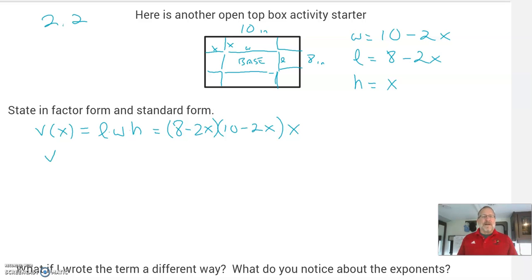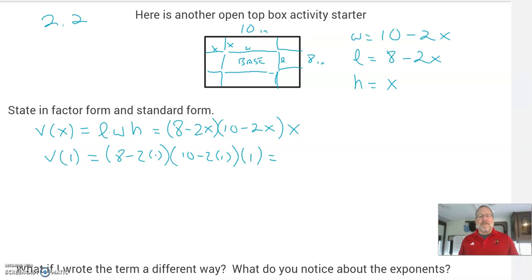For instance, I could plug in V of 1. What if I cut away just 1 inch on this one? V of 1, using the equation, everywhere I see x, there's 3 x's there, I'm going to put in a 1. So now it's 8 minus 2 times 1, times 10 minus 2 times 1, times 1.